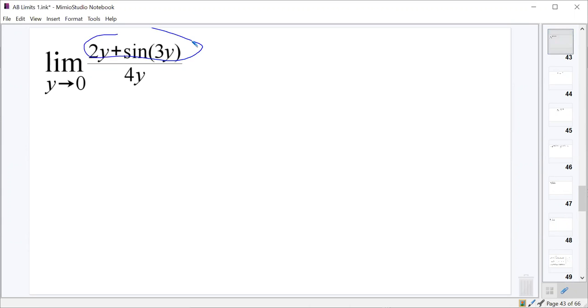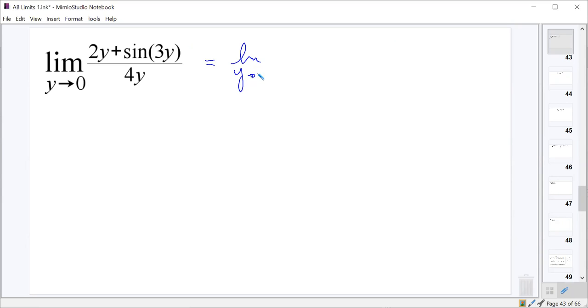That's going to change things up a little, isn't it? Any thoughts on how to deal with that? How are we going to deal with that? Okay, we need to use some of our other limit rules.